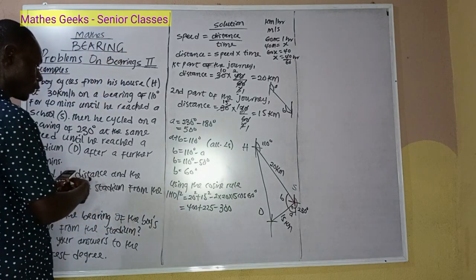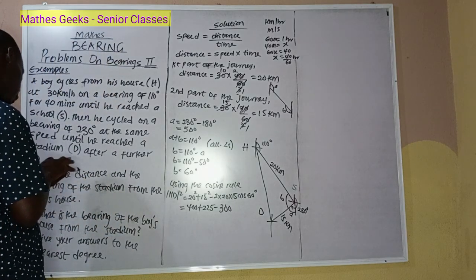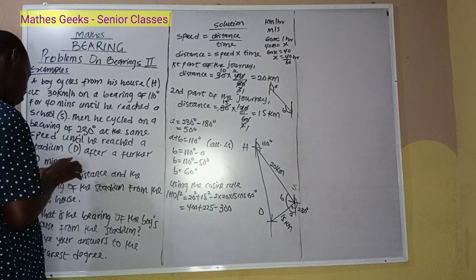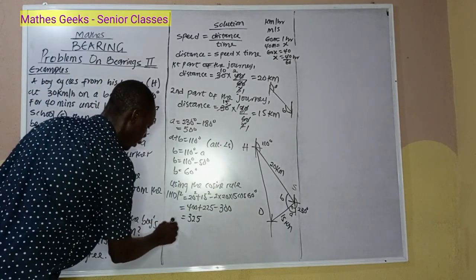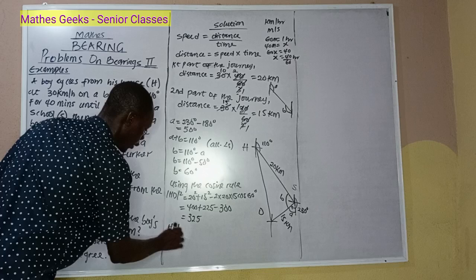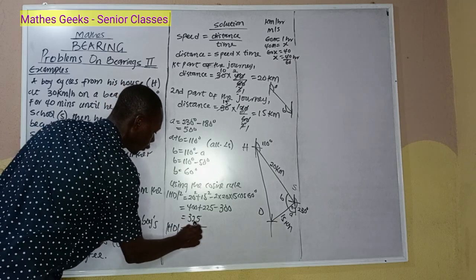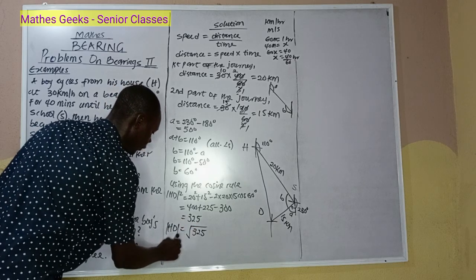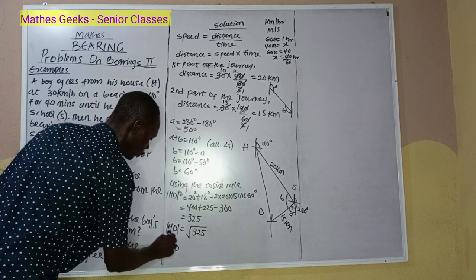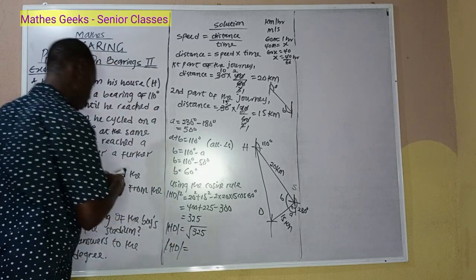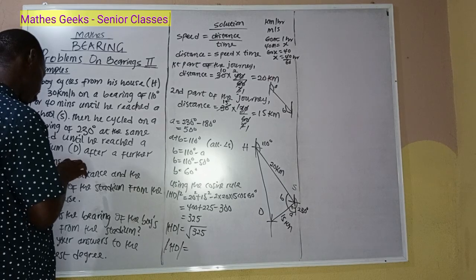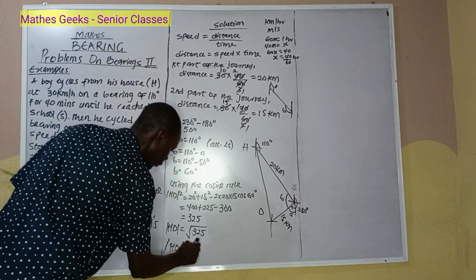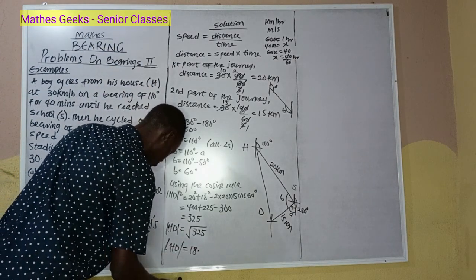The 400 plus 225 is 625. 625 minus 300 is 325. So HD squared is equal to 325. Line HD is equal to the square root of 325, which is 18.028.